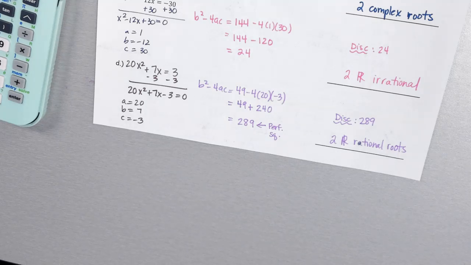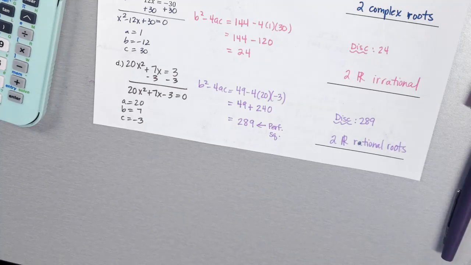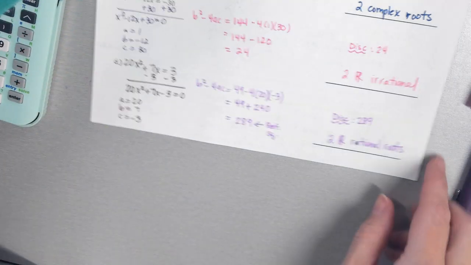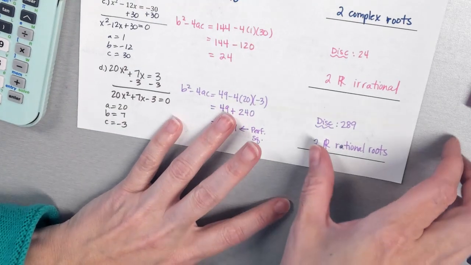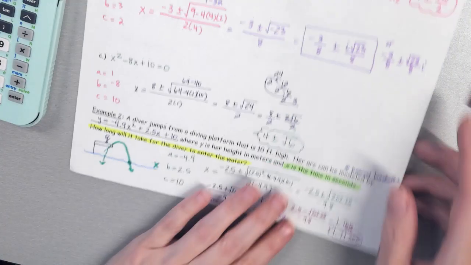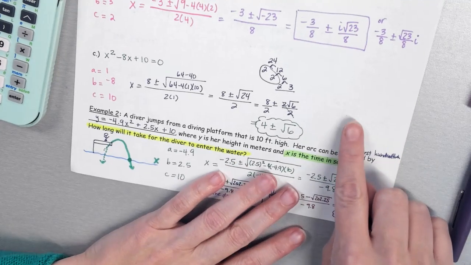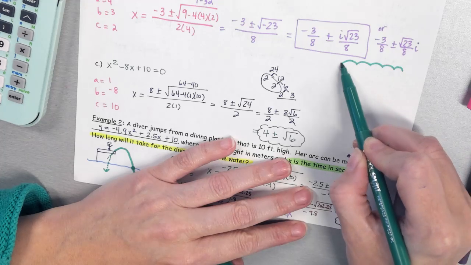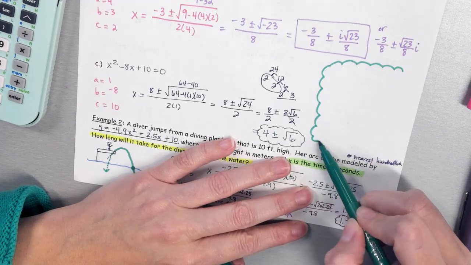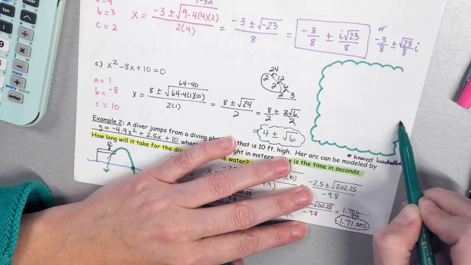And then there is one other thing I want to show you. So you guys flip it back to the front. I just want to put a little note here because there is one more type of situation you're going to encounter.